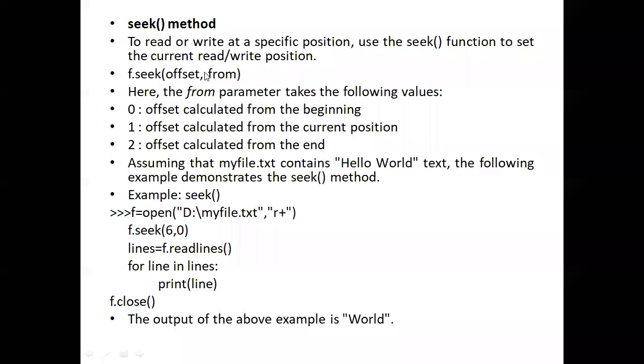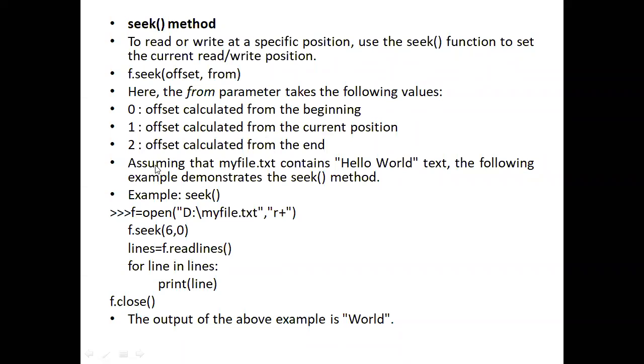The second one is from where, from which position you're supposed to move: from the starting position, from the ending position, or from the current position. So 0 indicates it is calculated from the beginning of the file, 1 indicates from the current position, and 2 indicates from the end position.